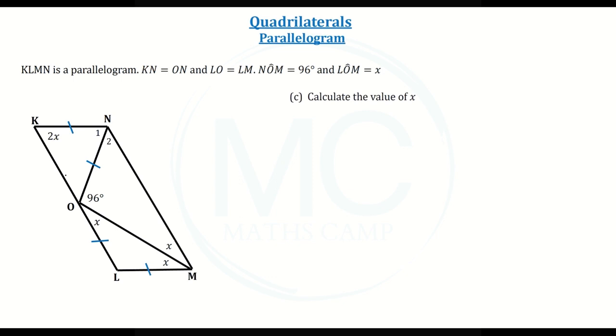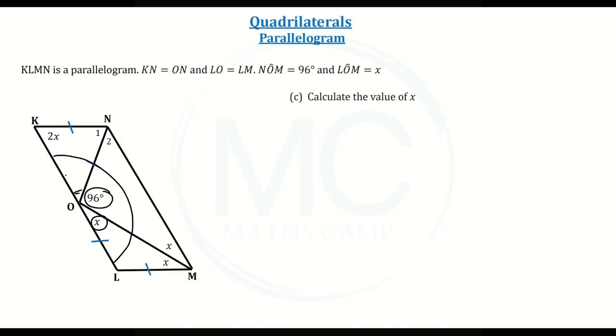The question has told us that angle NOM over here is 96 degrees. And we also know that KOL is a straight line, which means that this whole angle over here is 180 degrees. We already know that angle O here is x.